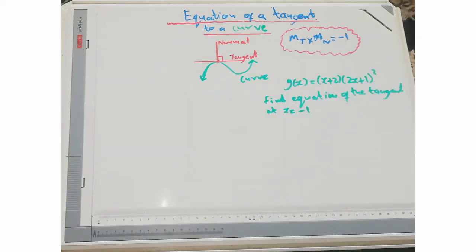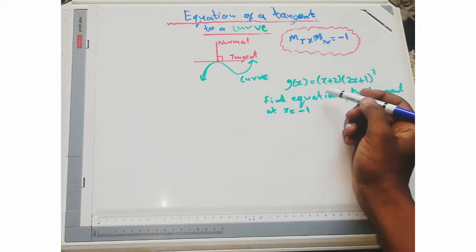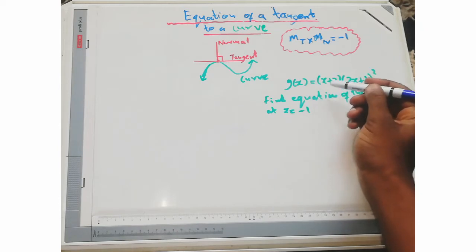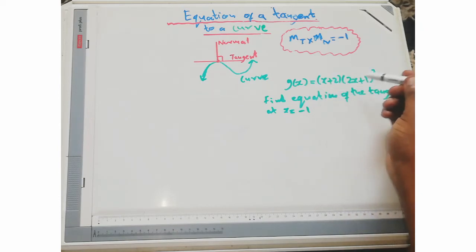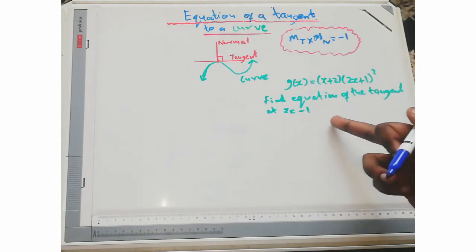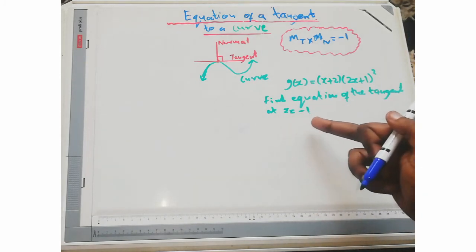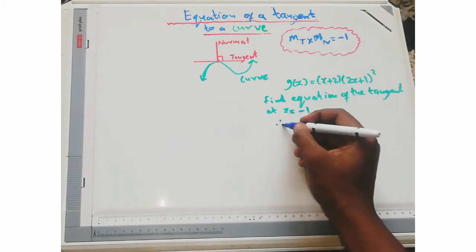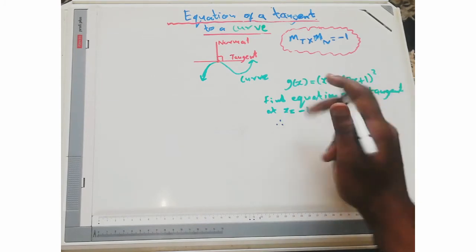Here's the first question. The question says g of x is equal to (x + 2)(2x + 1) all squared. So I have to find the equation of the tangent at x equals -1. First things first, I have to expand this.